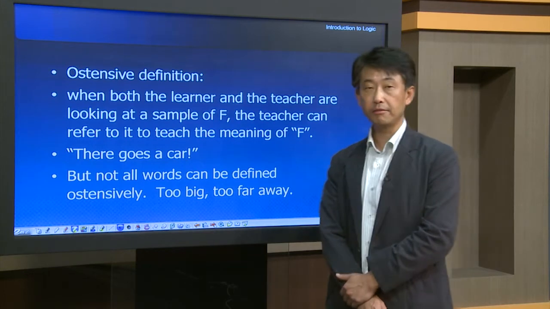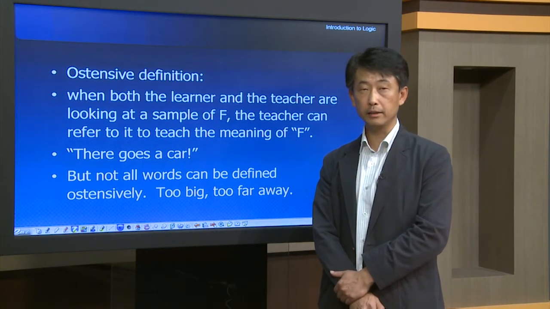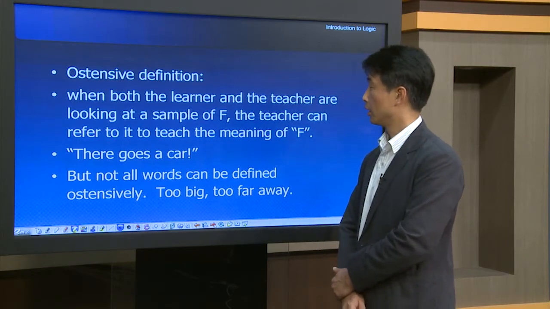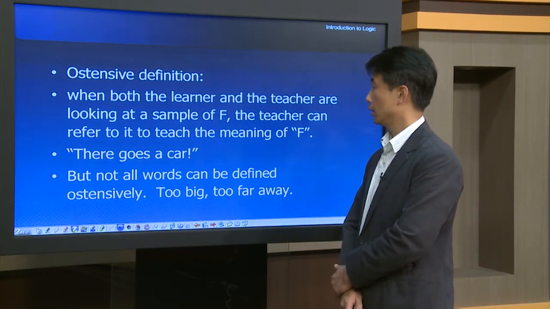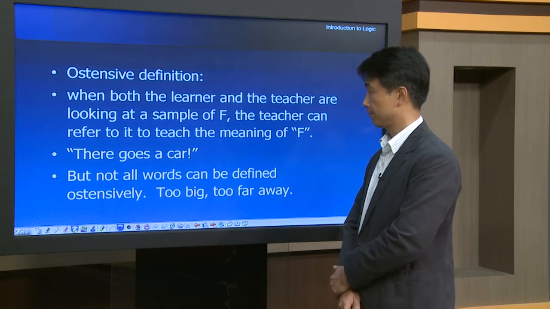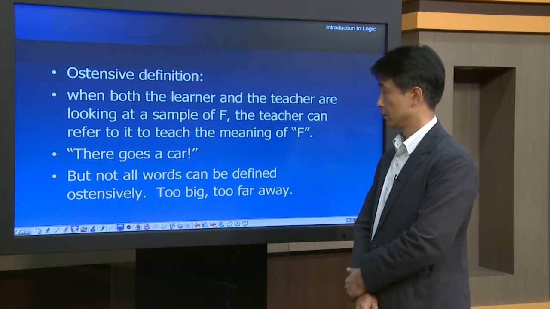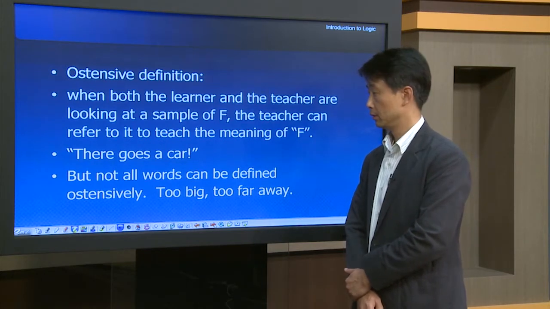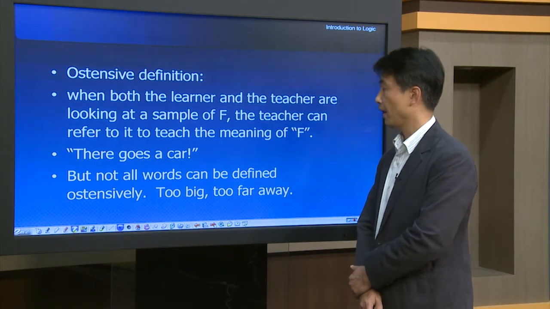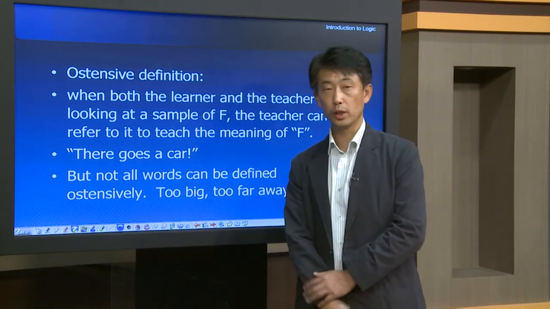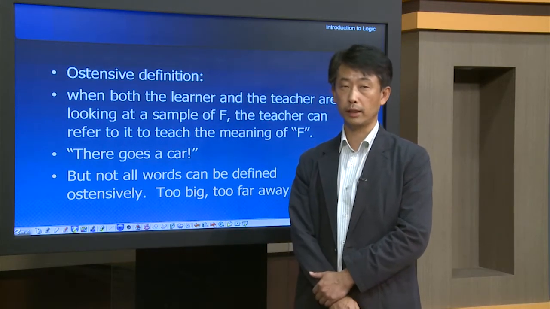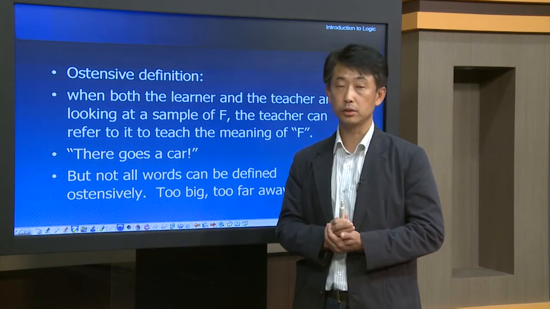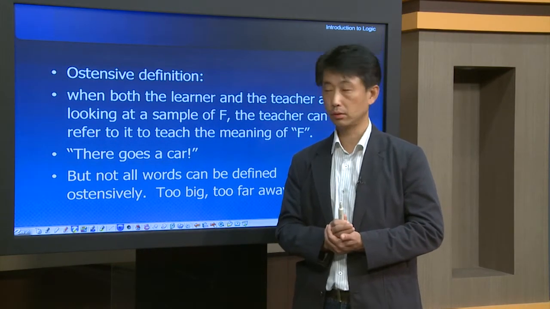Now, ostensive definition can be provided only when both the learner and the teacher are looking at a sample of F. The teacher can refer to the sample to teach the meaning of F. You can just refer to an instance of that. When both learner and teacher are looking at that, such ostensive definition is possible.